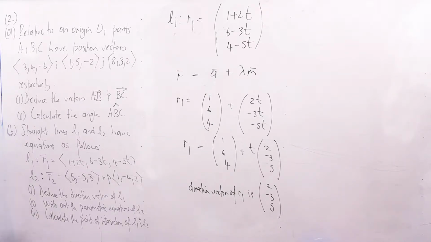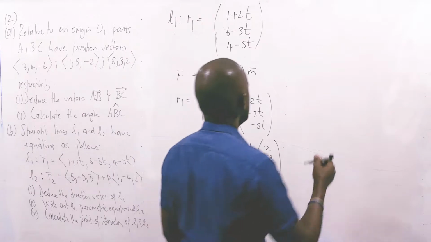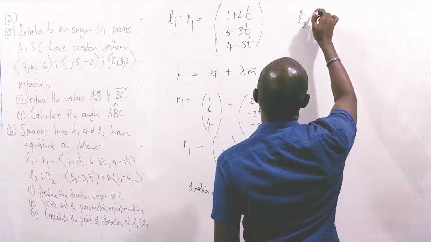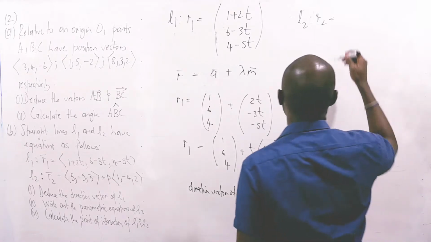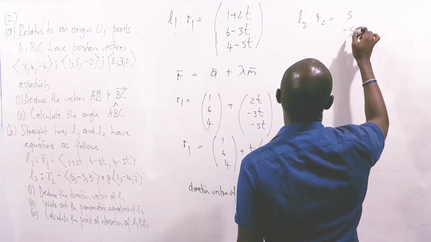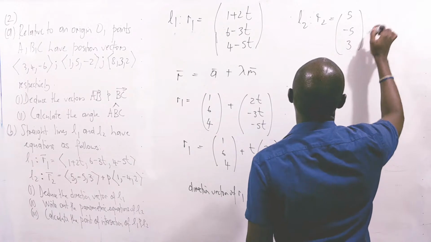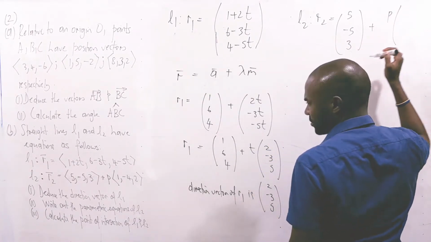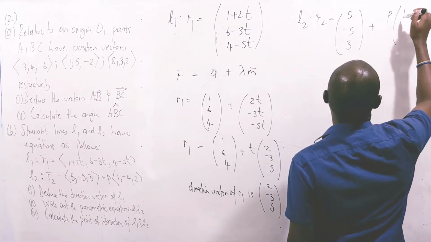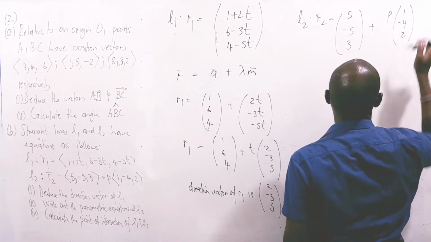Now let's look at part 2. Part 2 wants us to write out the parametric equations of L2. Let's write down the vector equation for L2. For L2, we have R2 is equal to (5, -5, 3) plus the parameter p times (1, -4, 2).